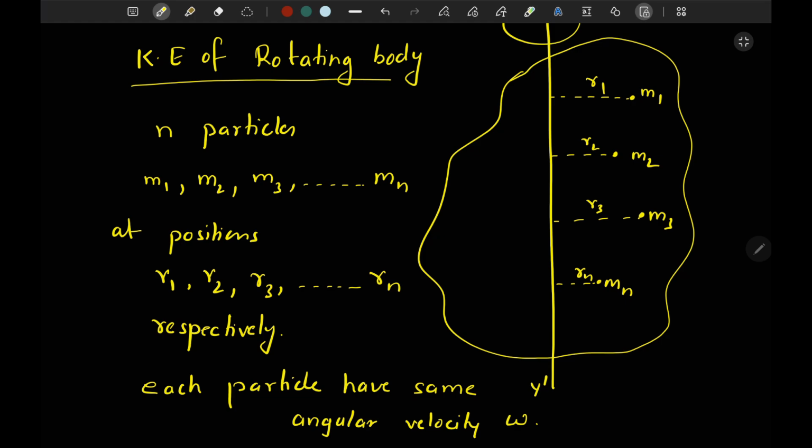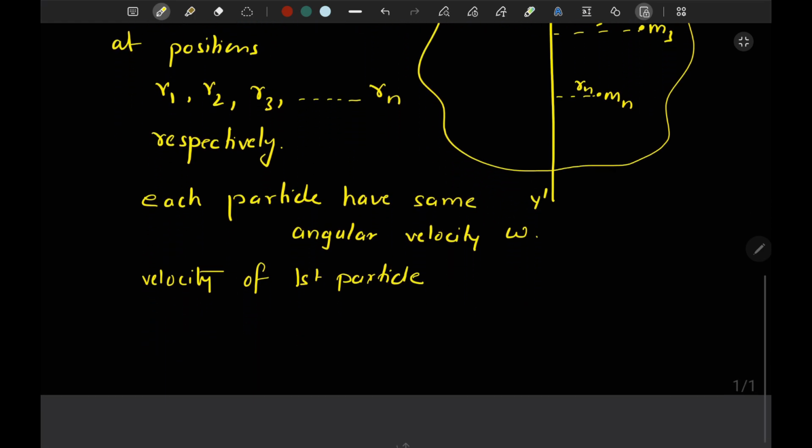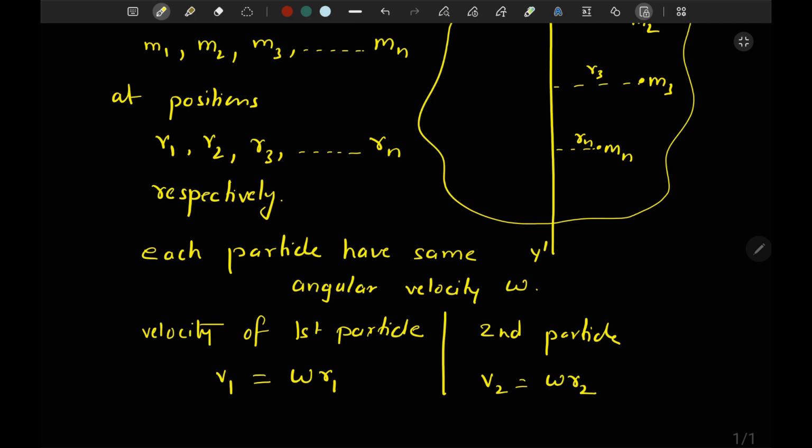Then the velocity of each particle will be different. For example, velocity of first particle is v1 is equal to omega r1. Similarly, for second particle, velocity v2 is equal to omega r2.